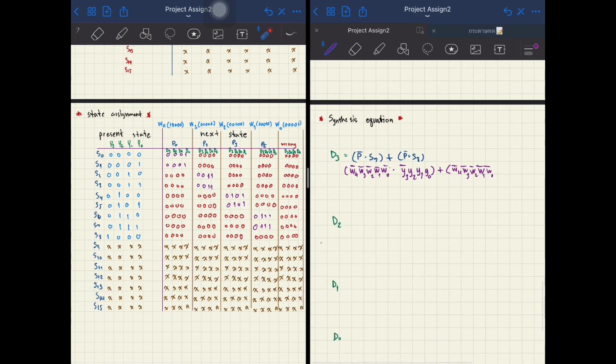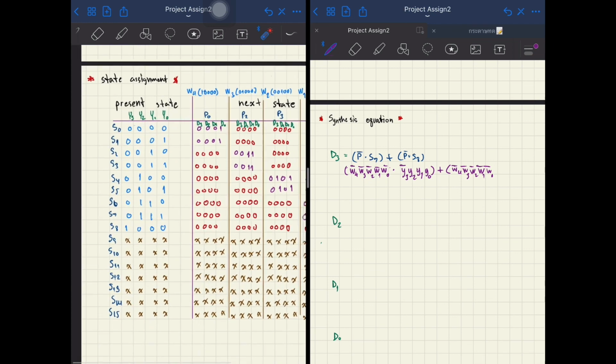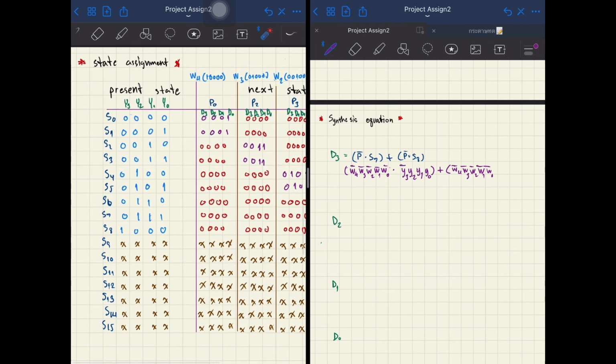Okay, S8 is 1 0 0 0, right? We must make each bit 1, so for y2, y1, y0 we must write the complement to get 1, right? Because it is 0, we need 1.